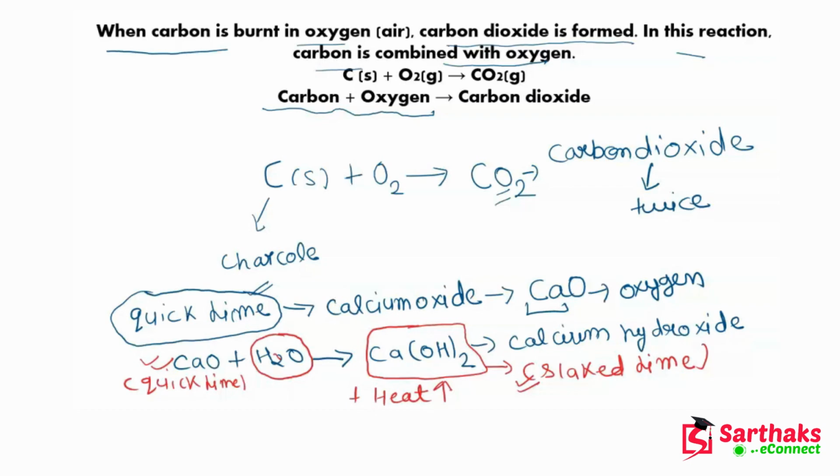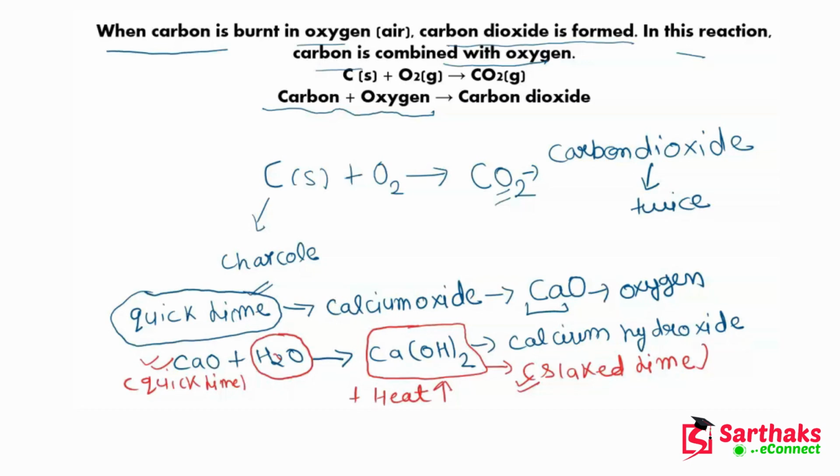In this reaction you might have seen that the container in which you mix quicklime and water heats up. Why? Because when you add water to quicklime, lots of heat is evolved. So that's why the container becomes hot.